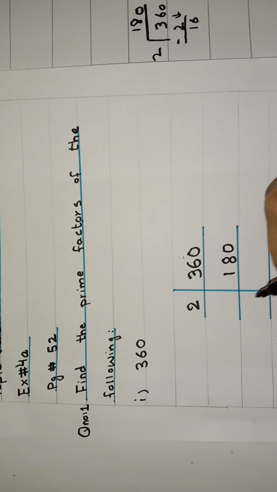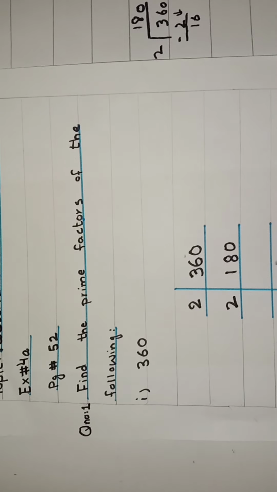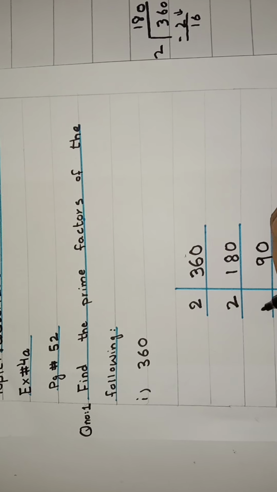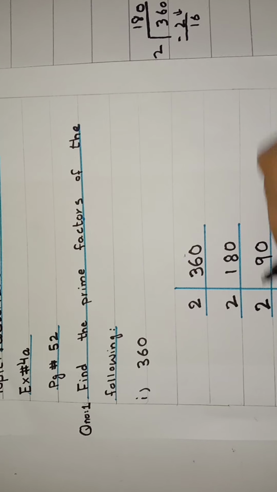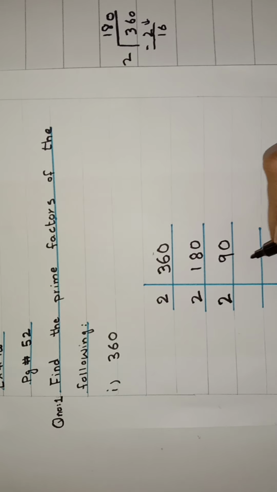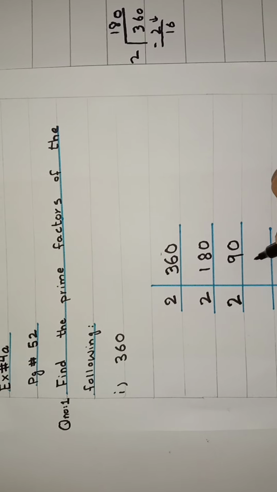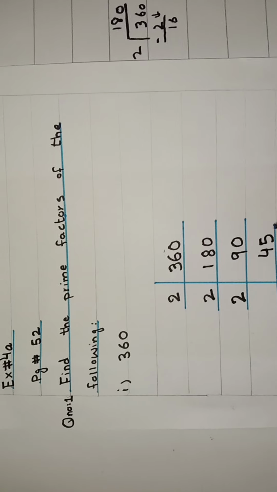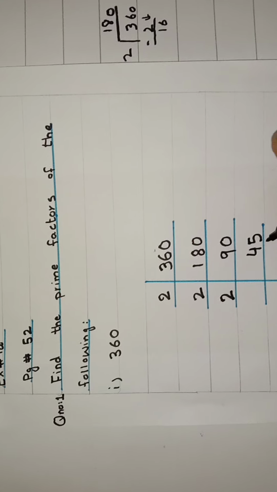After that, 180 divided by 2 gives 90. Again the last digit is even, so it will easily be divisible by 2. So we get 45. Now the last digit is 5.